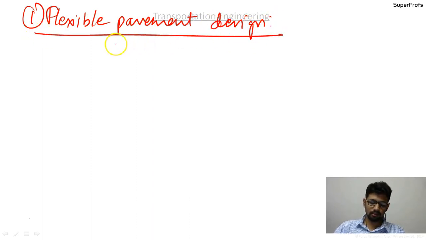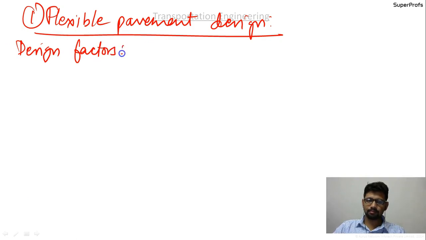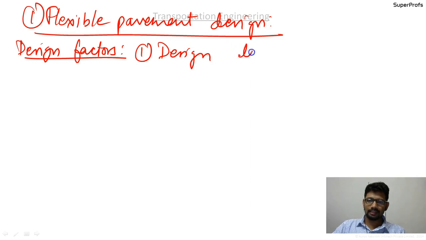Flexible pavement design. The design factors are, first, the design life, and secondly, the anticipated or expected traffic volume.